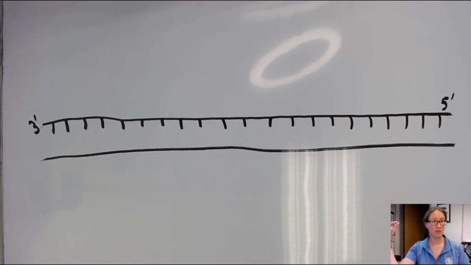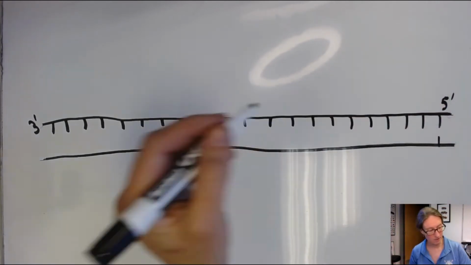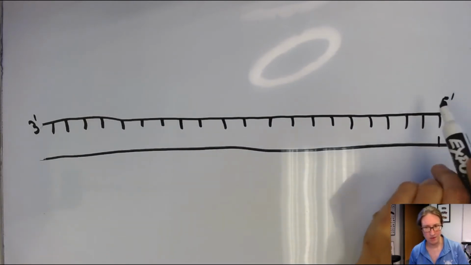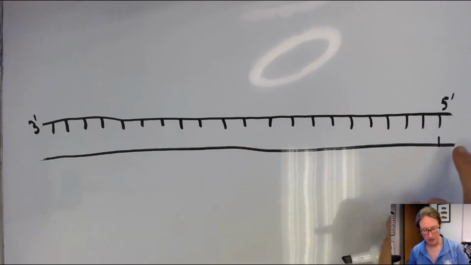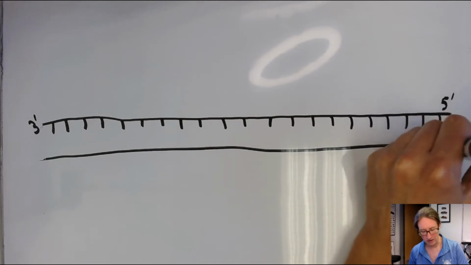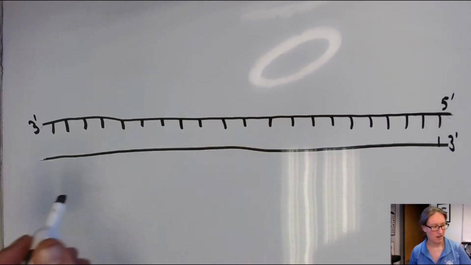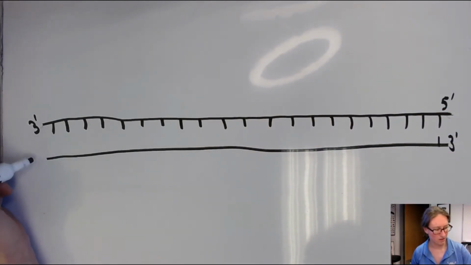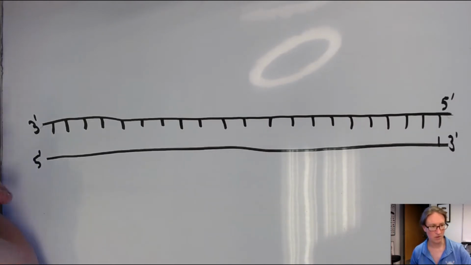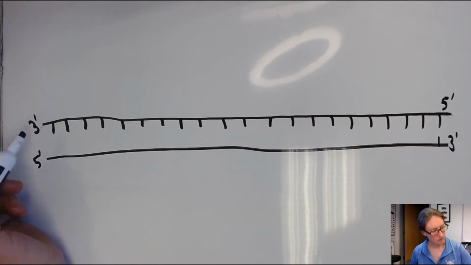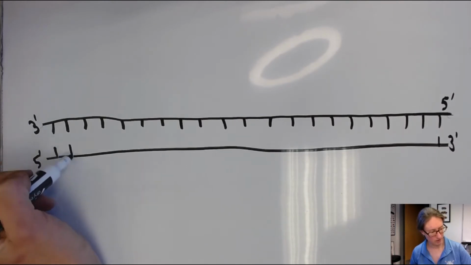These two strands run anti-parallel, so they run in opposite directions from each other. What that means is if up here is the 5' end, then opposite it there's going to be a loose 3' end, and vice versa at the other end of the second DNA molecule. These are complementary to each other, so I'm just going to fill in the rest of the spots for these bases.